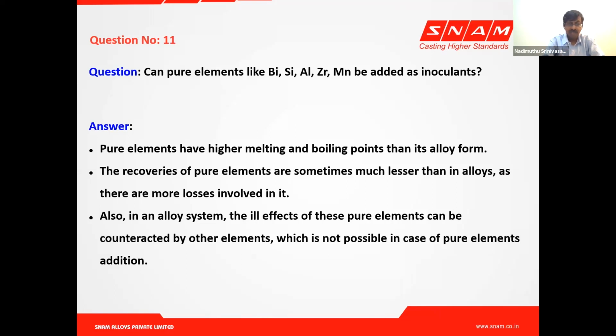So in some cases, it may have a higher melting point, which will result in undissolved pure metals, which can cause localized solidification, and around that you can have shrinkage or other casting related defects. So it is always better to add any of the elements involved in inoculation as an alloy.